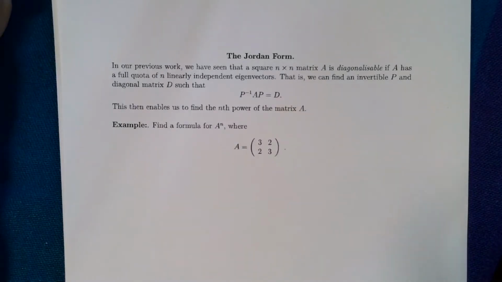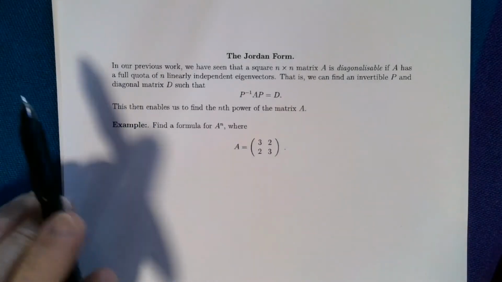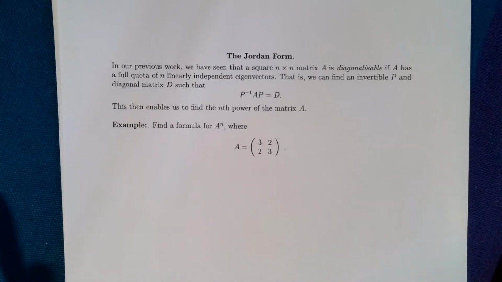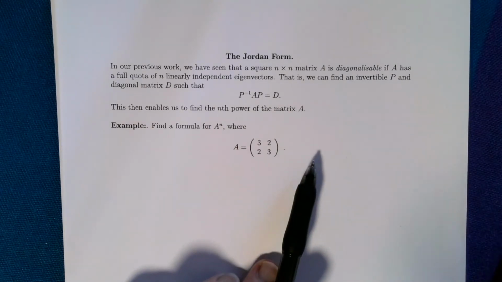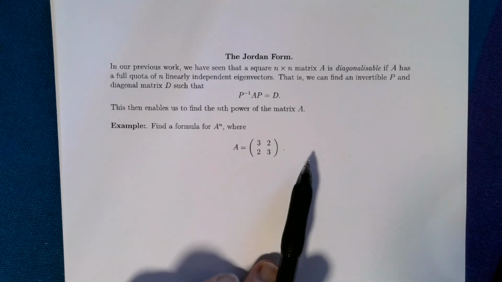So in our previous work in linear algebra, when you did eigenvectors and eigenvalues and diagonalization, you saw that a square n by n matrix is diagonalizable if A has a full quota of n linearly independent eigenvectors.